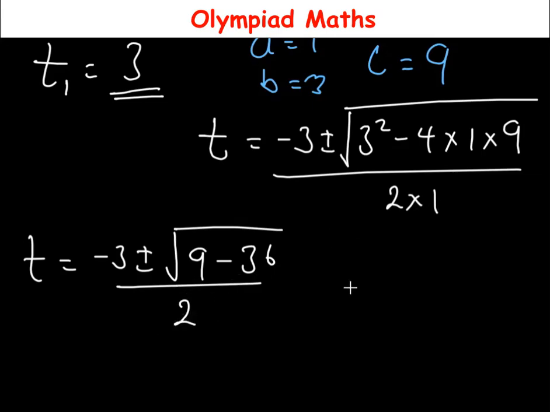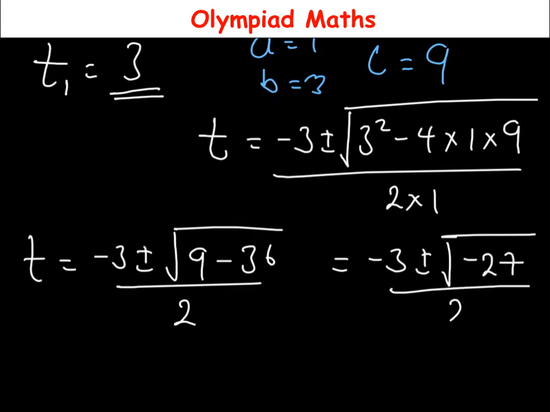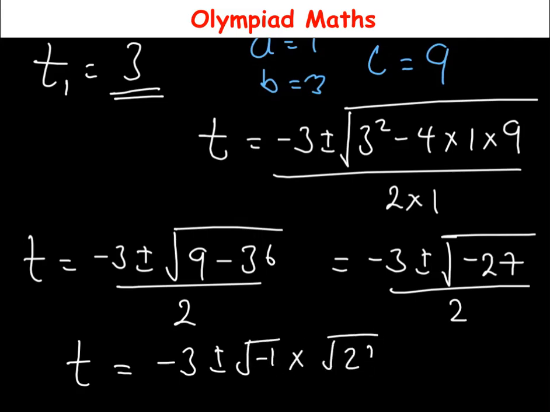Now working with this, the value of t is equal to minus 3 plus or minus square root 9 minus 36, which is minus 27, then all over 2. Such that with this, t is equal to minus 3 plus or minus, we can write root minus 27 as root minus 1 times root 27, then all over 2.